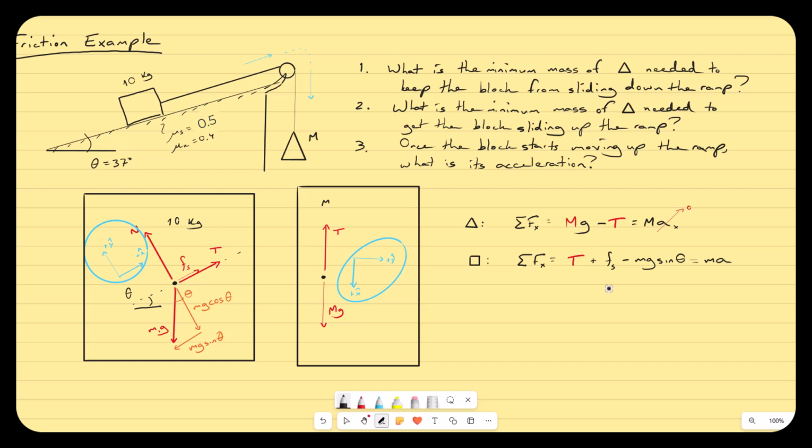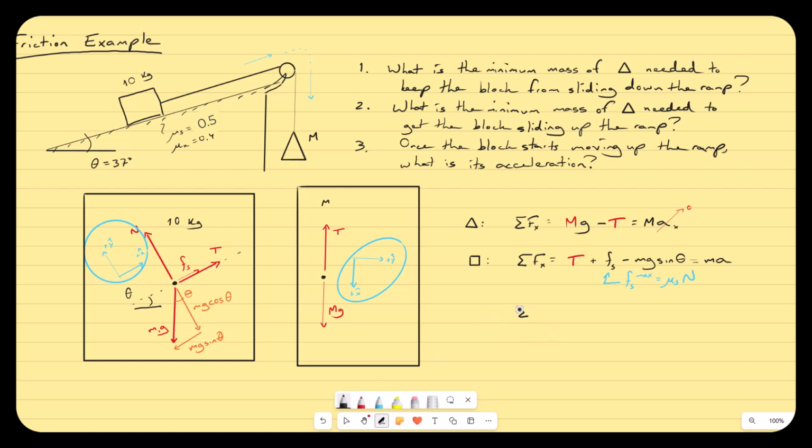I am also going to have to plug in what this fs is. If I'm looking at my threshold case, fs max is going to be mu static times the normal force. I don't have the normal force yet.